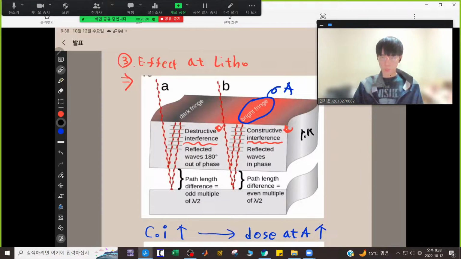So in an overdose situation, region A can get a lot more photons than expected.